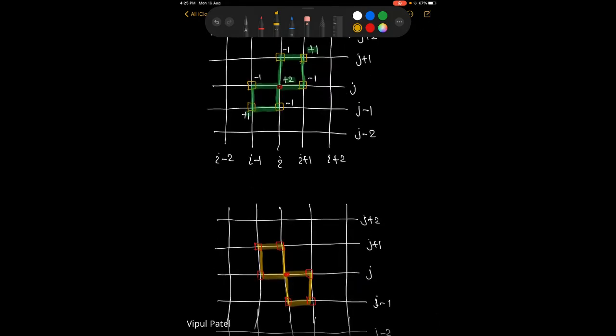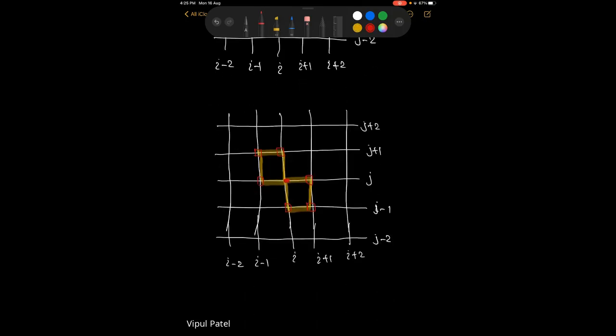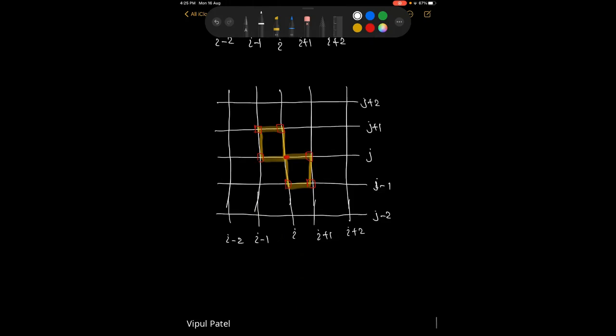In the previous case, we had a positive weightage in a diagonally upward direction with positive x and positive y, and here the relative weightage is minus 1, then plus 1, plus 1, minus 1, plus 1, plus 1, and minus 2.